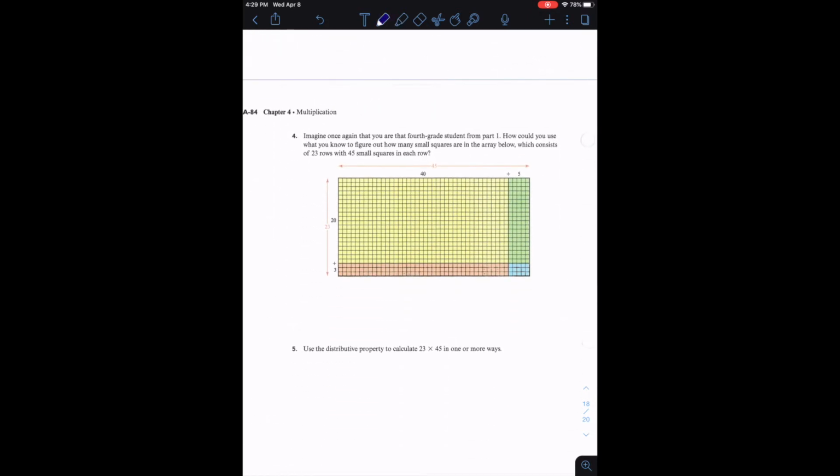So with much more generalization, now if we look at two-digit numbers times two-digit numbers, for example 23 times 45, we can do a similar strategy where we write our tens and ones, and then we find the area of each one of those regions.